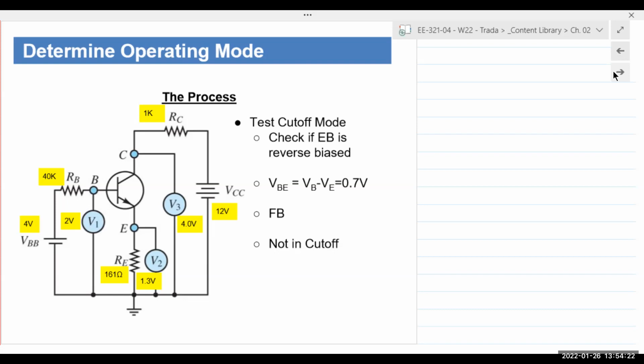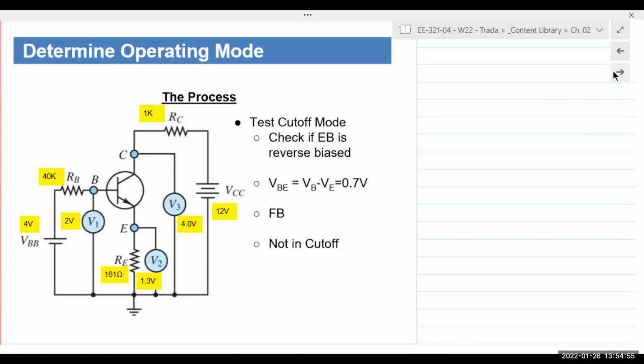What does that tell us? Base is higher than the emitter, right? If base is higher than the emitter, NPN transistor, P is higher than N. Is it forward bias or reverse bias? Answers like right here, it's forward bias, right? So it's 0.7, it's forward bias. So it's not in cutoff. You can right away eliminate that.